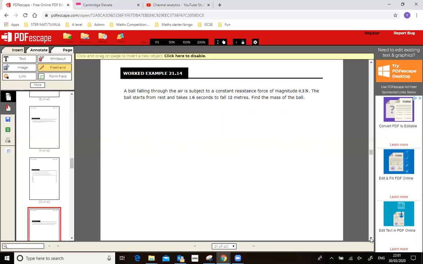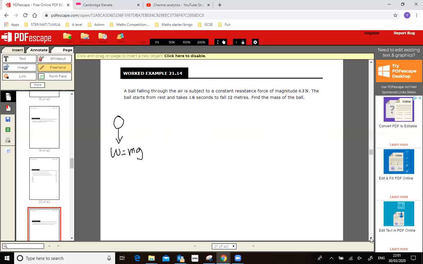So let's write down what we know here. Well, let's draw a diagram. Okay, so here's the ball, and we know that the weight of the ball would be W equals mg.